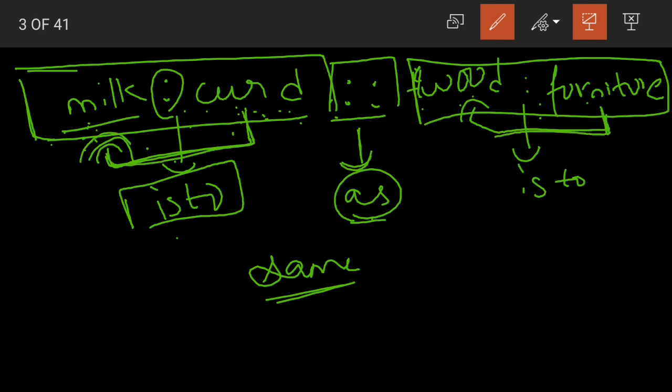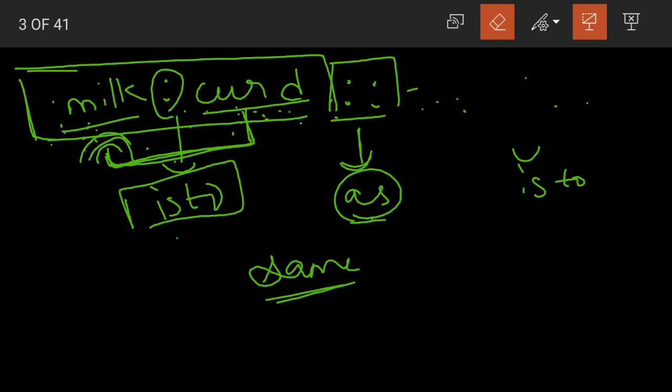In the same way furniture is made from wood. And also see children, the order of the words. First we have milk, from that we have curd, and in the same way here we have written wood first and then furniture. We have wood first and then we make furniture from it.